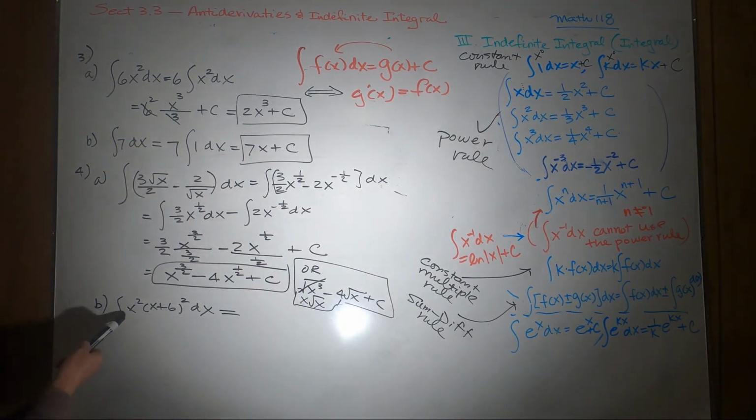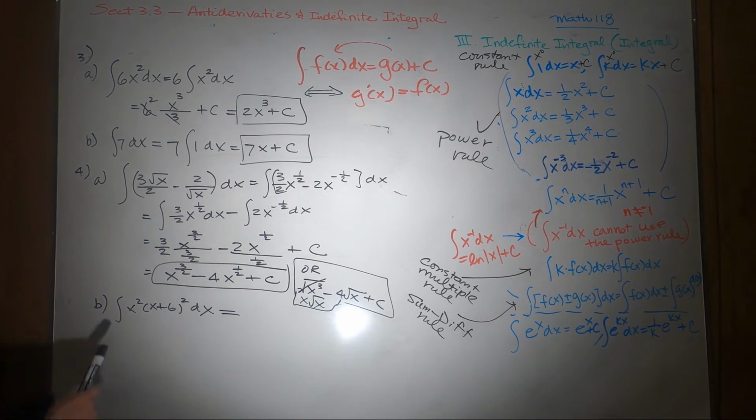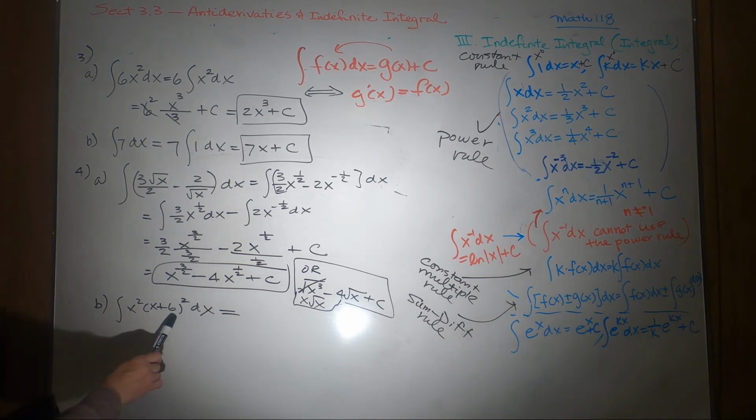We haven't talked about that yet. So what can we do? We just multiply them out, because they are polynomials. So you multiply this, it becomes x squared plus 12x plus 36.